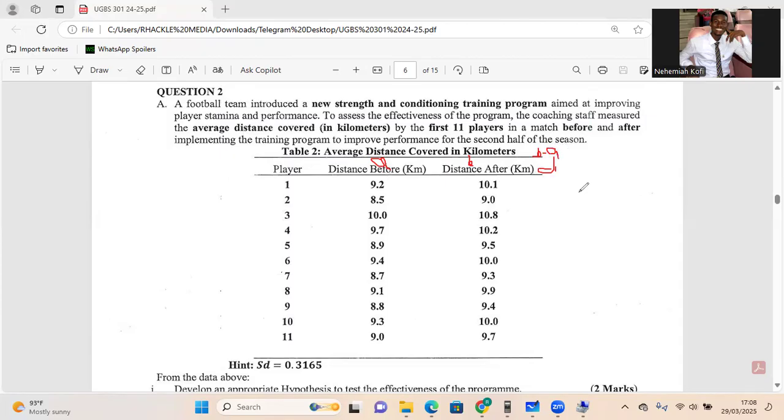10.1 minus 9.2, 9.0 minus 8.5. That's what you're going to do: after minus before throughout.